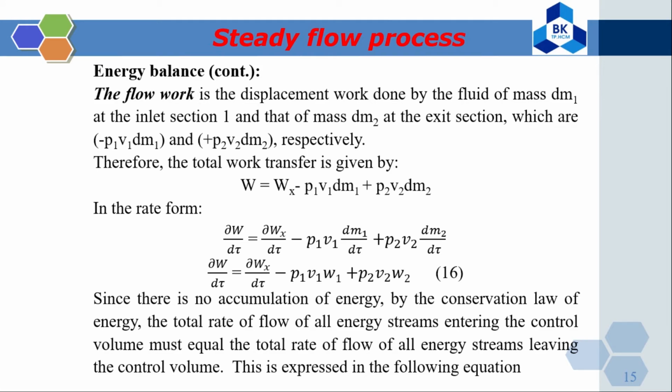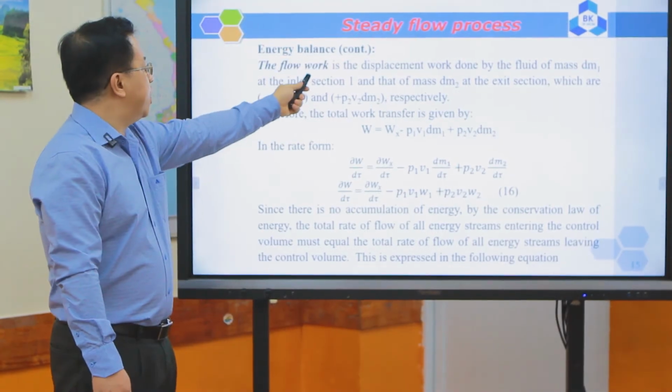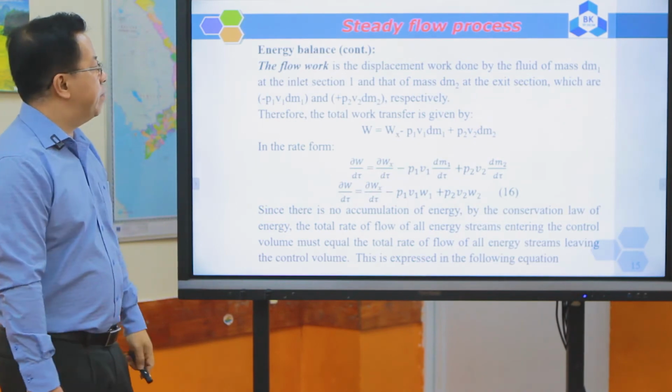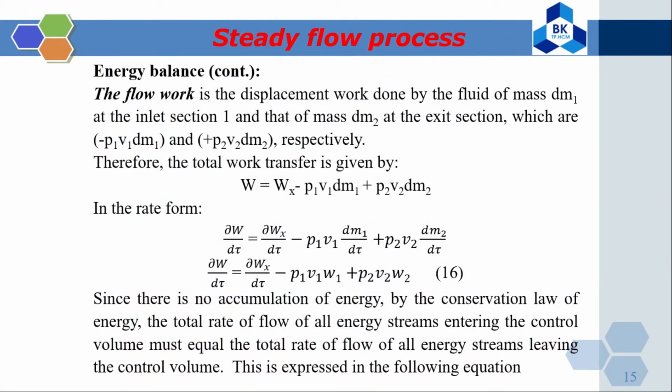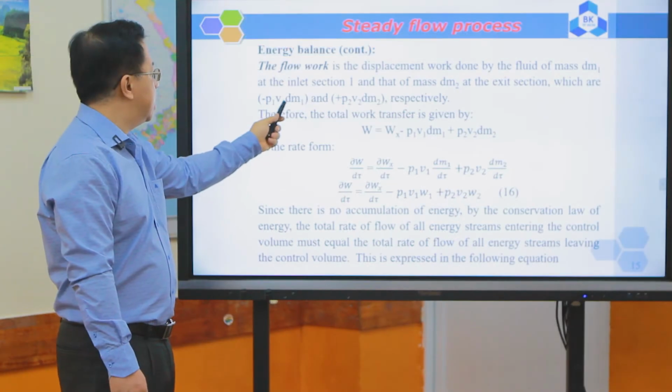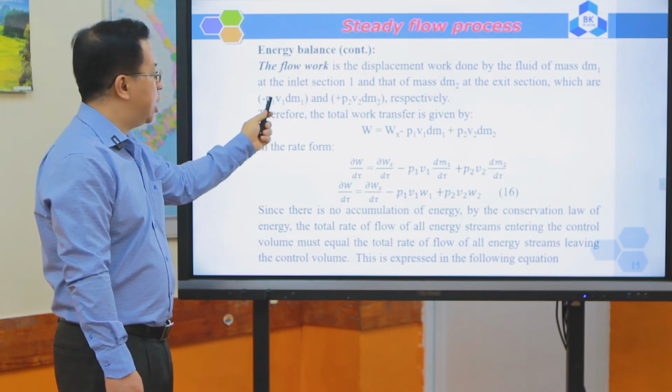The flow work is a displacement work done by the fluid of mass dm1 at the inlet section 1 and that of the mass dm2 at the exit section. So here is the displacement work, or the work changing the volume.